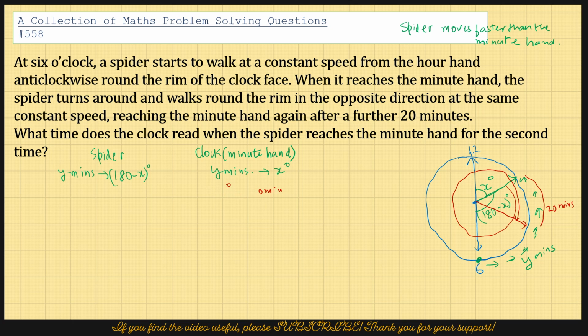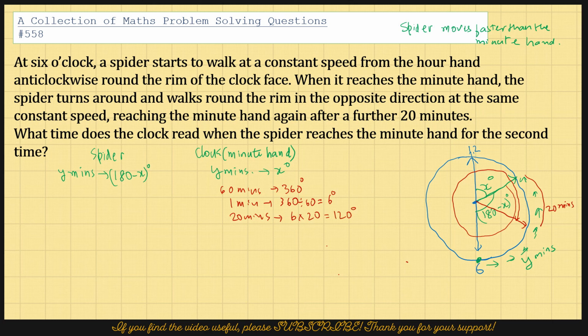So in 1 minute it would do 360 divided by 60, and that equals 6 degrees. Therefore in 20 minutes the minute hand would have gone 6 times 20, and that is 120 degrees.